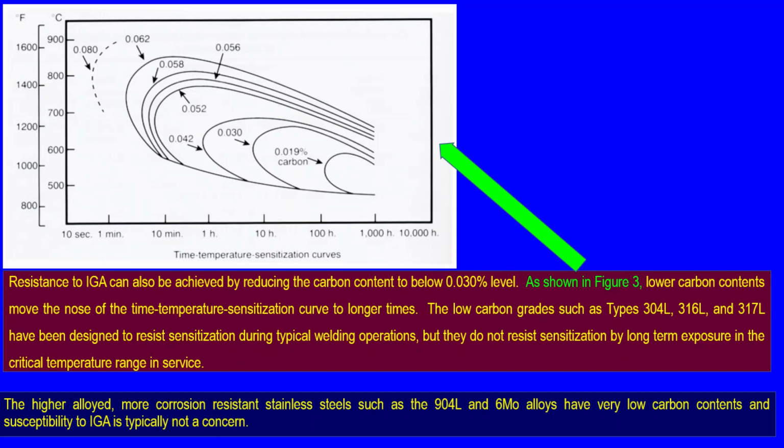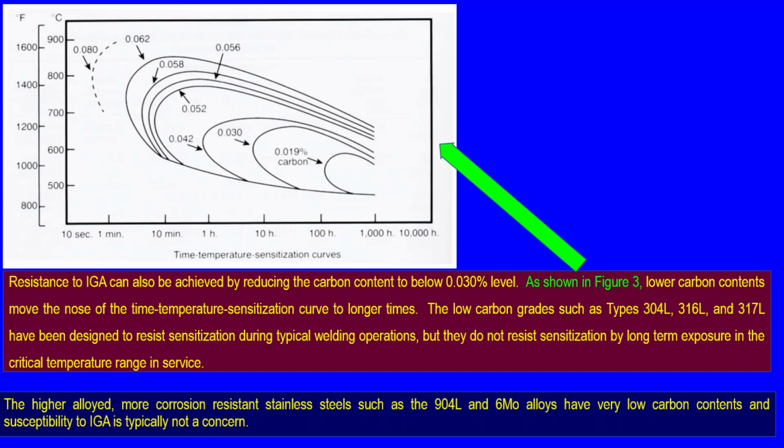That is, below 0.03, you can see it ranges between 10 hours, 100 hours and 1000 hours, longer times. The low carbon grades such as types 304L, 316L and 317L have been designed to resist sensitization during typical welding operations, but they do not resist sensitization by long-term exposure in the critical temperature range in service.